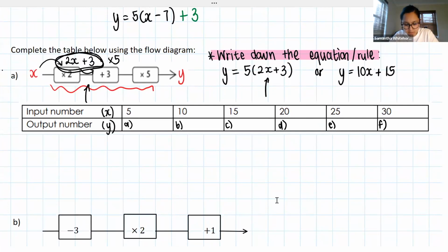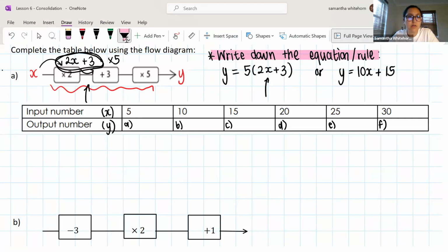Okay, just because our substitutions were looking a little dodgy, I'm going to give you another minute or two just to double check that you are correctly doing the operation.